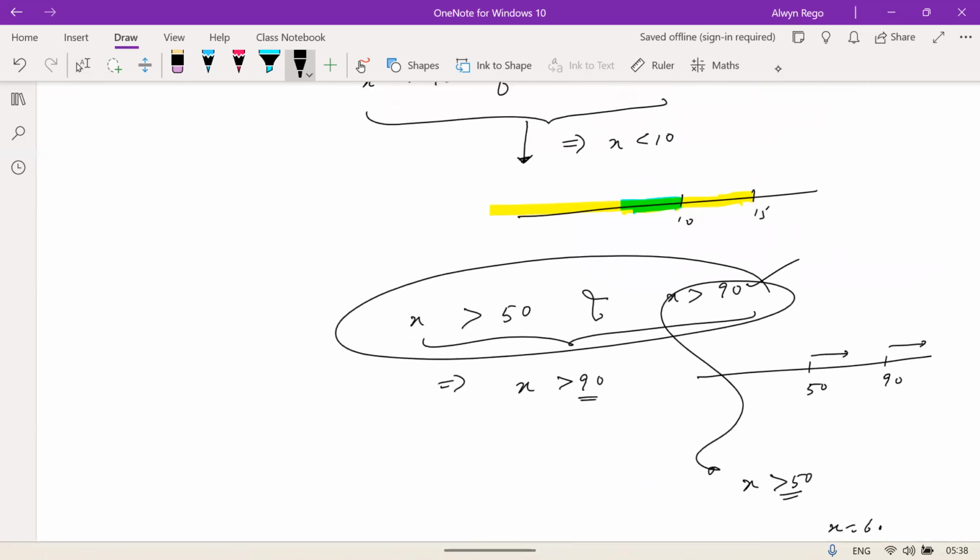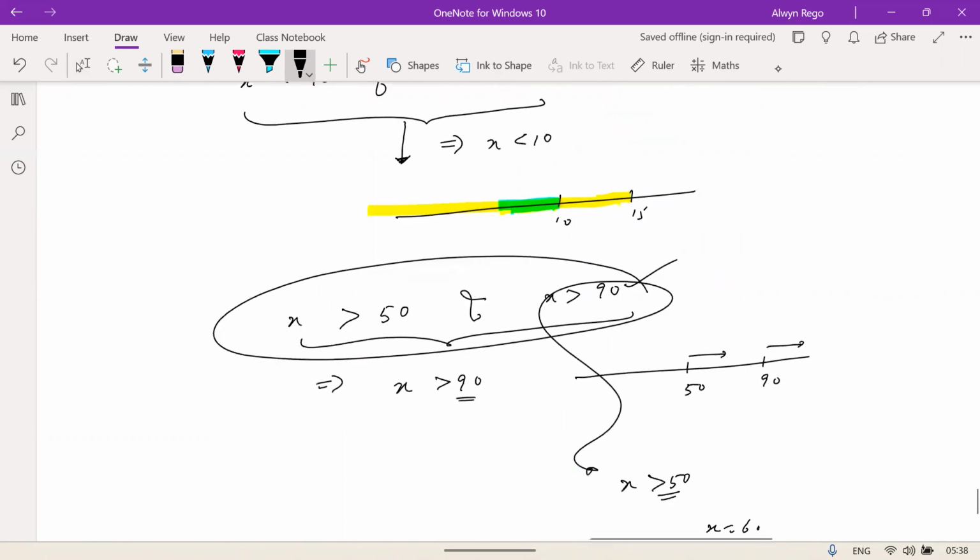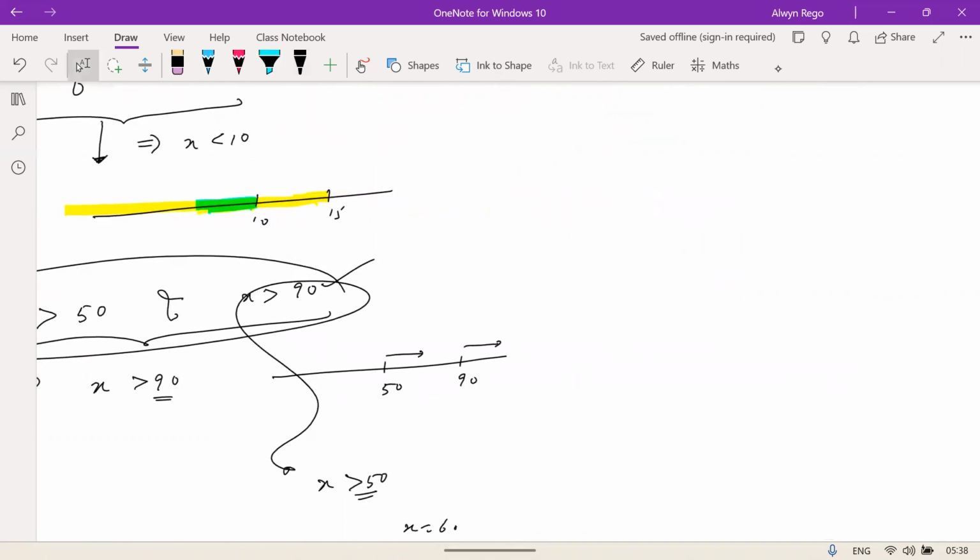So if you have to be more than and more than, you choose the value which is greater. It's something like this. Let's say some college admission has a condition that, to apply, you have to pass, and let's say the pass mark is 50% aggregate in your exams.